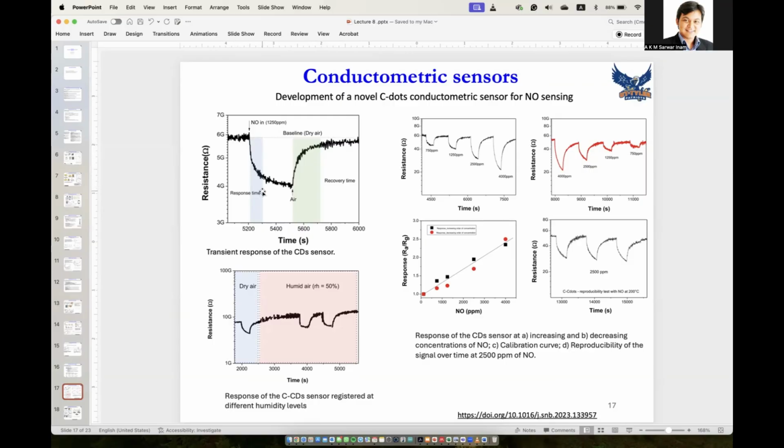The first one is the response time, and it comes to the lower position, and then it goes back to its baseline. That is called the recovery time. It takes 200 seconds.